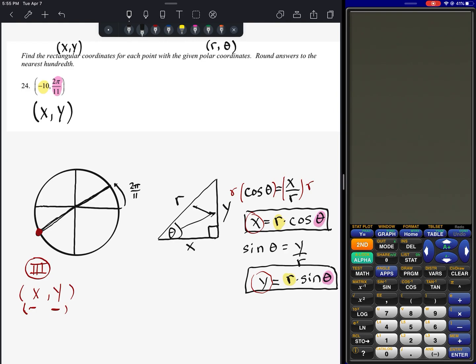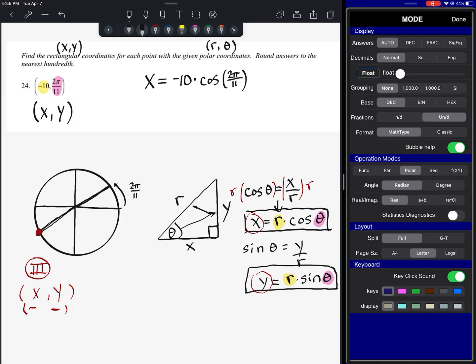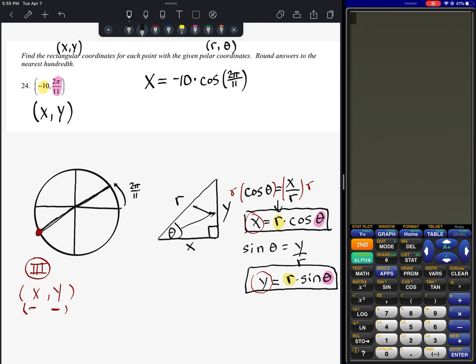So we're trying to come up with our x and our y. Since x is equal to the radius, which is -10, times the cosine of theta, which is 2 pi over 11. Something really important here: if you're going to type this in on the calculator, double check that you are in radian mode, because our angles are given in radians.